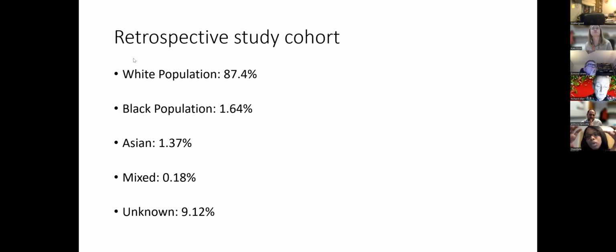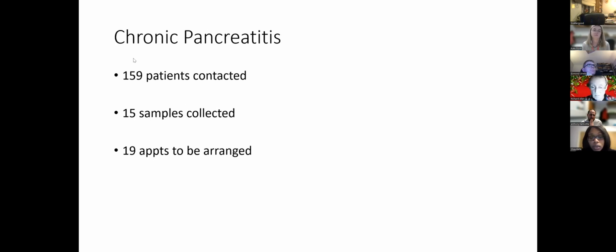These are patients who attended Nottingham University NHS Trust hospitals between 2006 and 2014 and had CT scans, MRIs, or fecal elastase that confirmed chronic pancreatitis. In that population, our white population was 87.4%, while the Black population was 1.64% and Asian 1.37%. So, very poor representation.